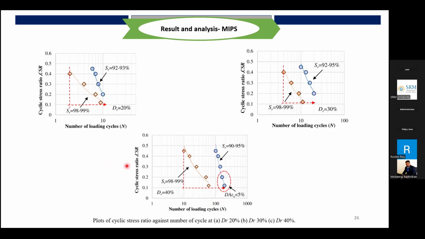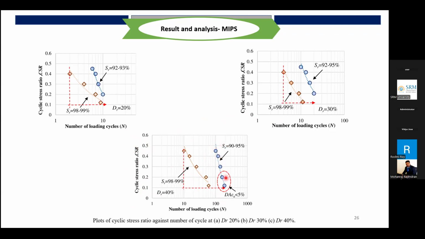The cyclic stress ratio CSR, what we have given as an input, represents the huge variation of your earthquake magnitude. So CSR represents the type of earthquake magnitude we have considered from the case study. So somewhere from 0.1 to 0.5, where 0.5 comes under severe, probably 7.2 or 7.5 magnitude we are dealing with.